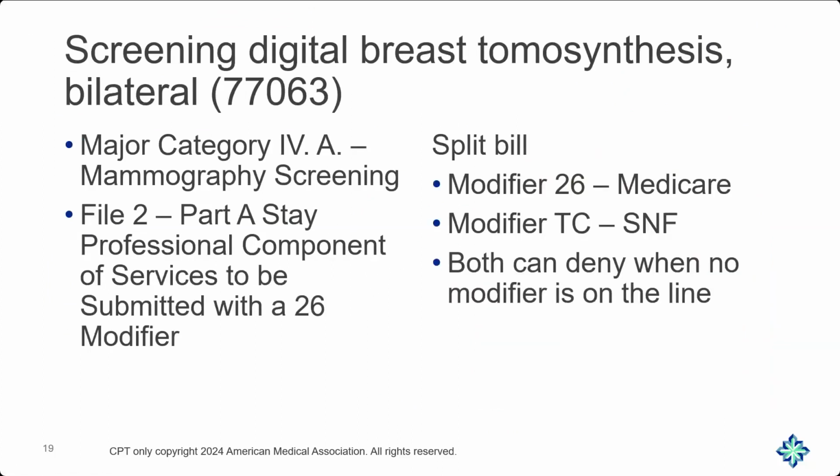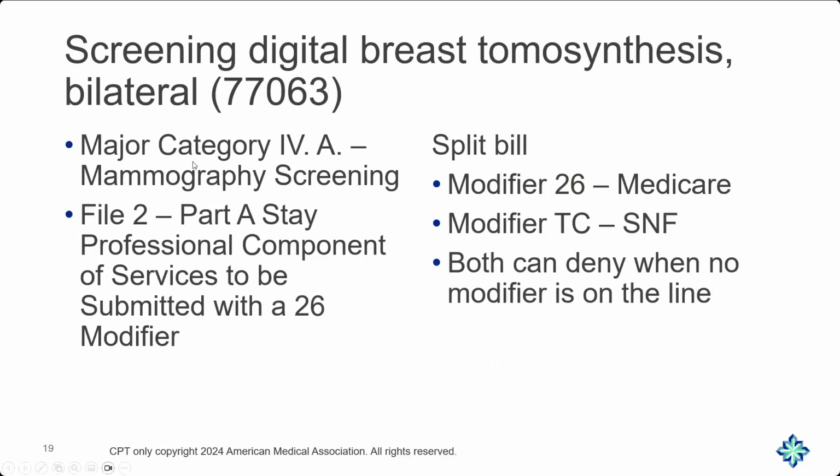The next question I was asked on is bilateral breast, can't say that word, sorry, but it is 77063. What are we looking for with this code? This is a split bill code. What does that split bill code mean?